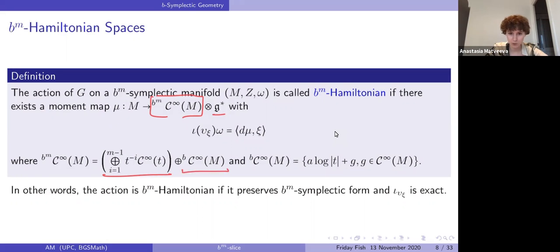If these powers could stand for d of some other negative powers, then the last one will be the d log. So you have this log term here, and that's a very important part of the moment map.